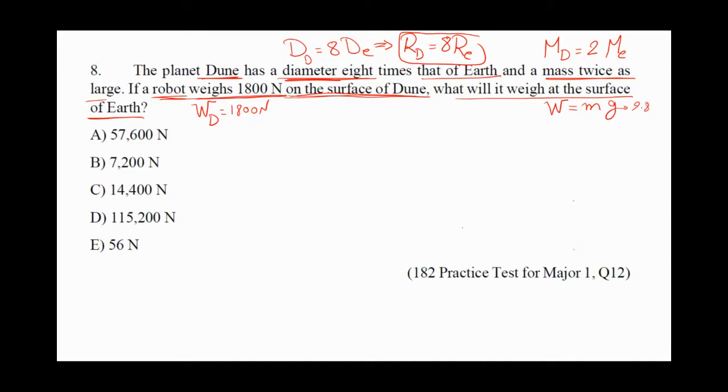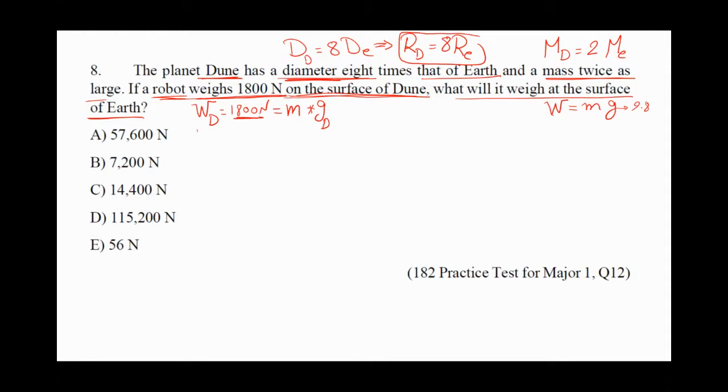So what shall I do? There is more than one way to the solution, and all of them have the same idea. I can say the weight on Dawn, which is 1800, equals the mass of the object times the gravity of Dawn.